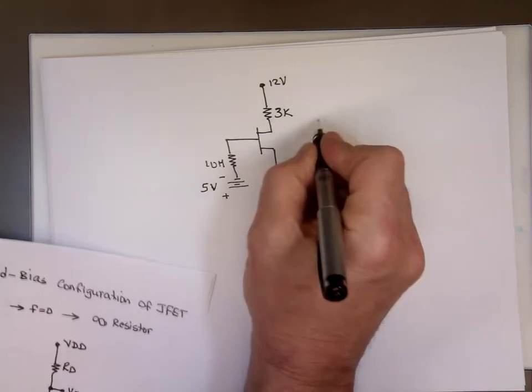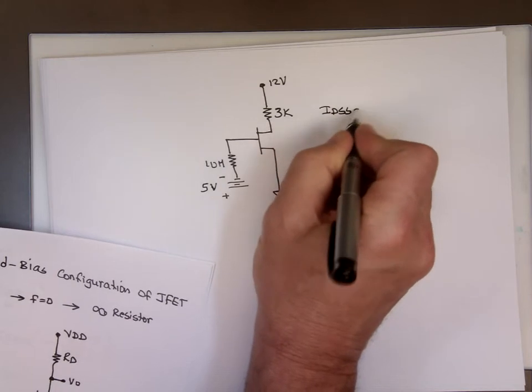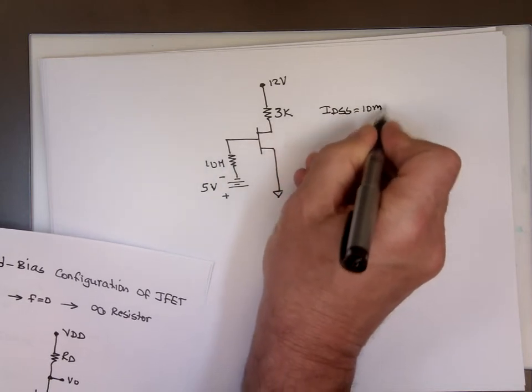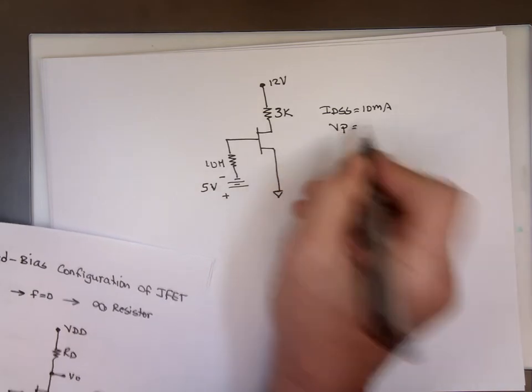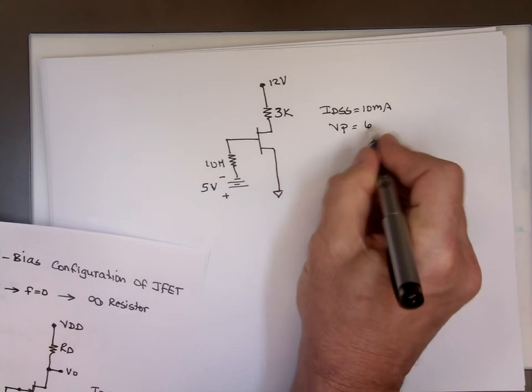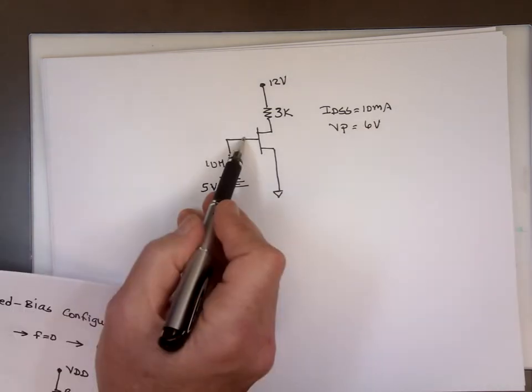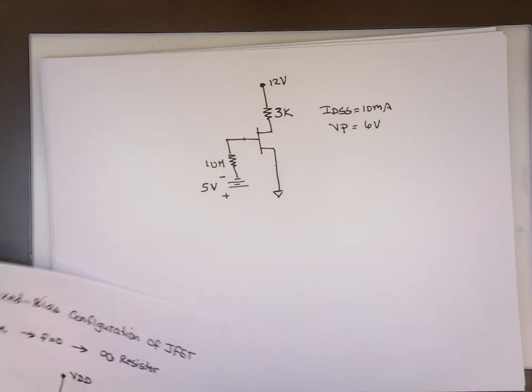I'm using the same transistor. Let's assume I sub DSS here is equal to 10 milliamp. And let's assume VP, the pinch-off voltage, is a negative value, but a lot of times we don't give you the negative. We go 6 volts. But you want this end to be actually 6 volts lower than that end.